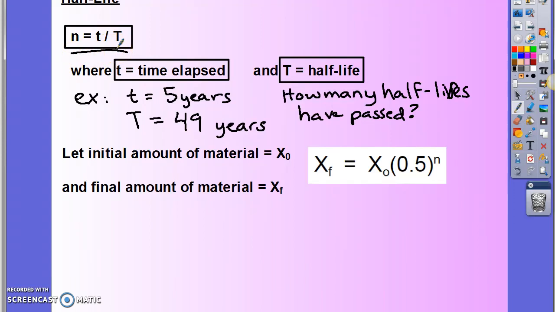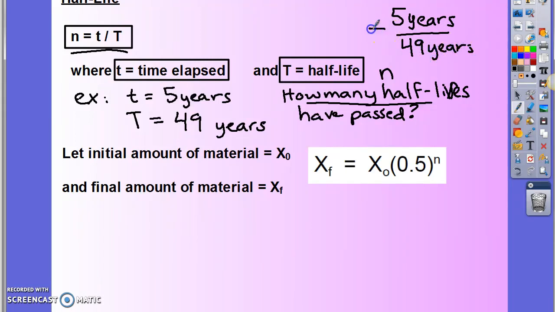Because n, how many half-lives? That is n. Okay? So I'll plug that in. I would have 5 years over 49 years, which years cancels, and that would give us our n, but I'll write it over here what the answer is to the left. I need a calculator.